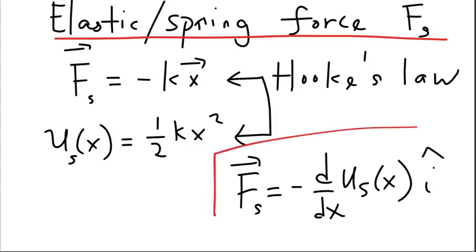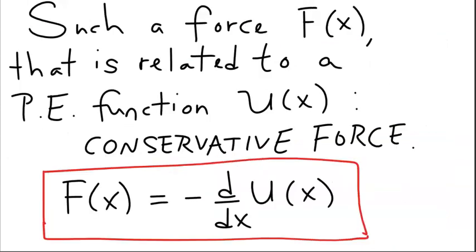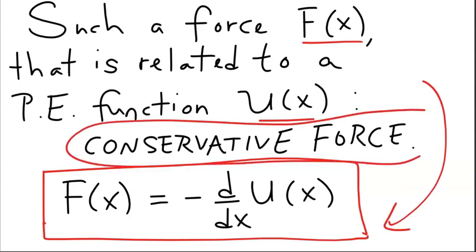And you see a connection between the force and the potential energy function. So such a force Fx that is related to a potential energy function Ux in this manner is known as a conservative force. So gravitational force and spring force are examples of conservative forces.